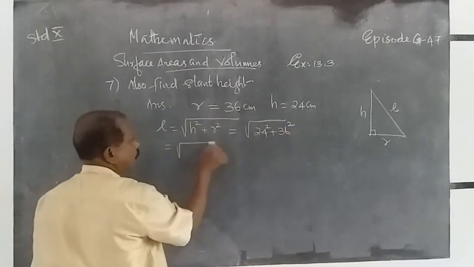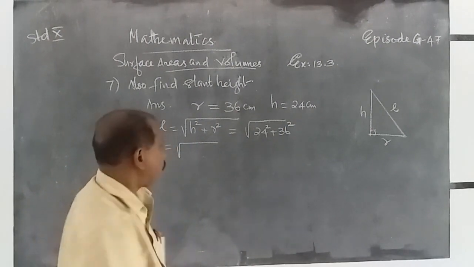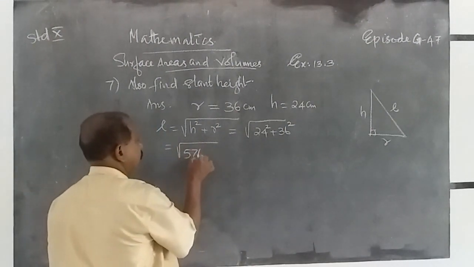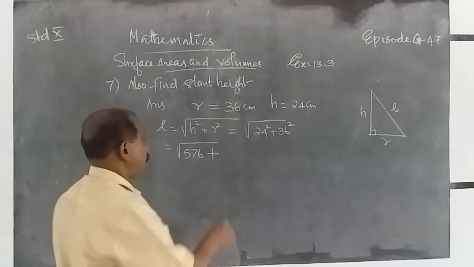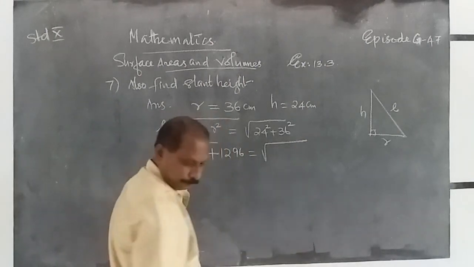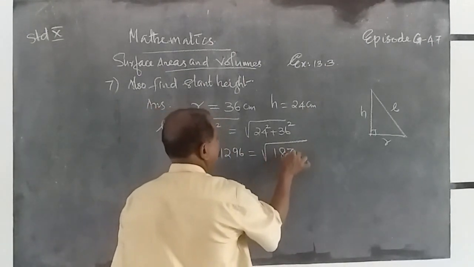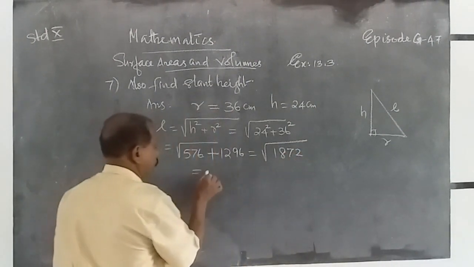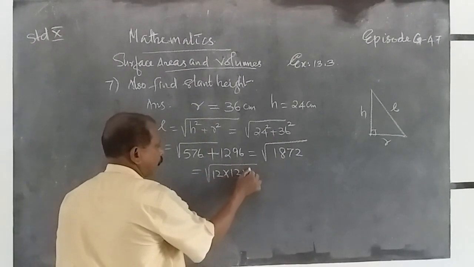This is the root of 24 square is 576, plus 36 square is 1296. This is the root of 1872, which is equal to root of 12 into 30.